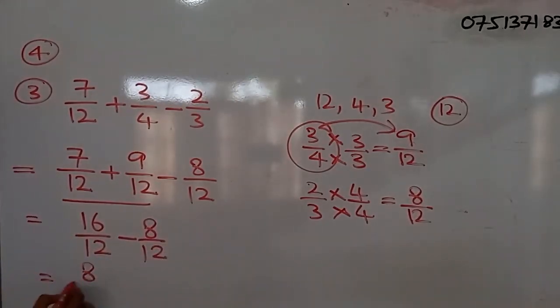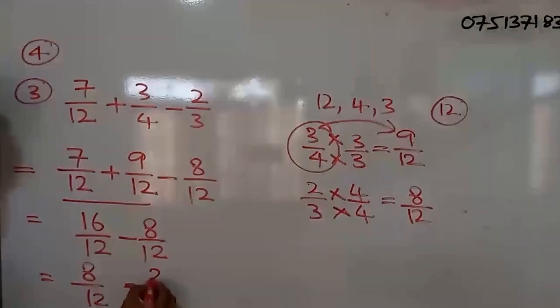Then we get what? 8 by 12. We must simplify. Then what will be the answer? I can divide the numerator by 2 and the denominator by 2. Then I will be getting 4 by 6.